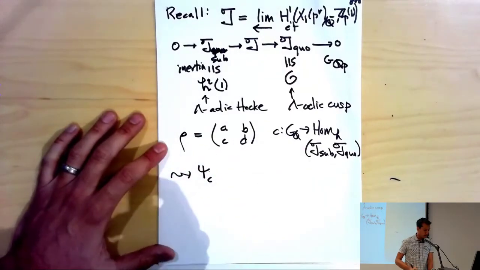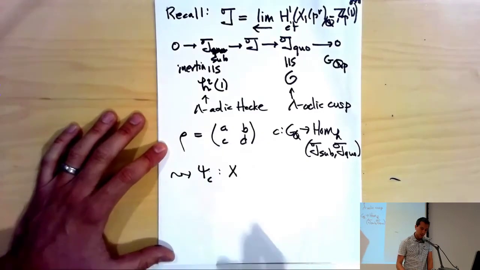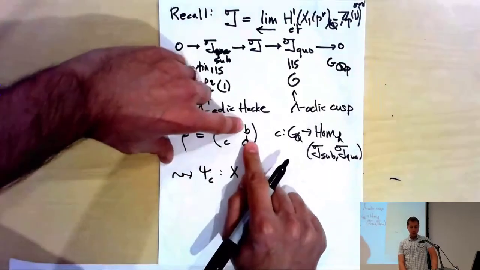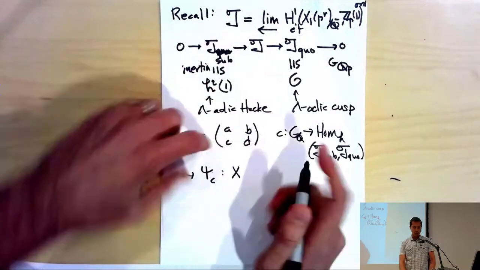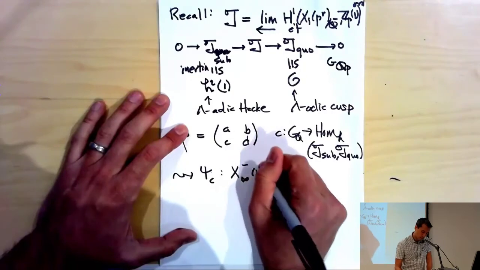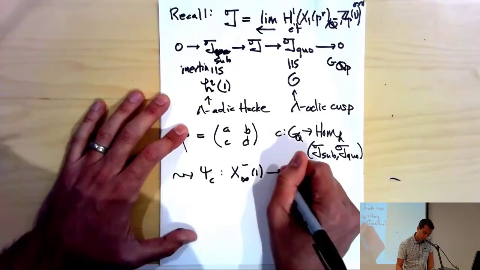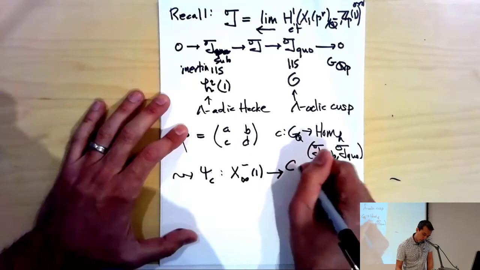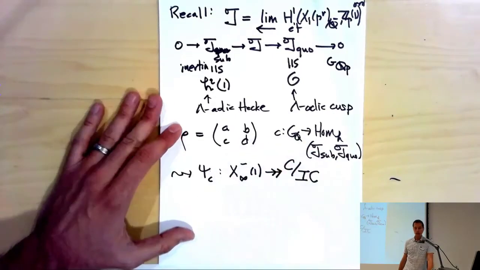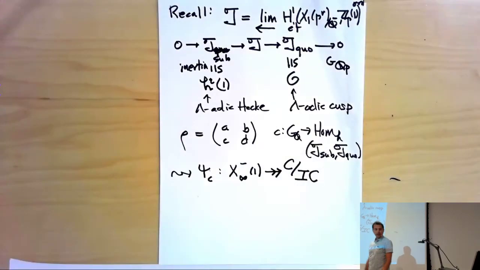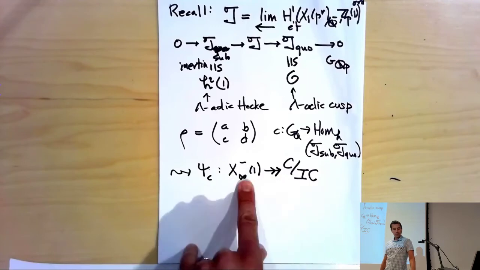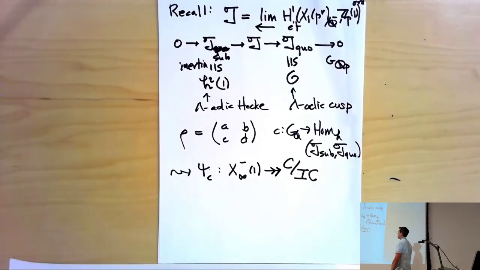The key thing was that we were upper triangular on inertia, so C was trivial on inertia, so it factored through the maximal abelian quotient when we restricted to Q mu P infinity, and this gave us a map like this, and this was surjective. And then we said that the characteristic ideal of this was divisible by the p-adic L function, since that was a map of lambda modules.